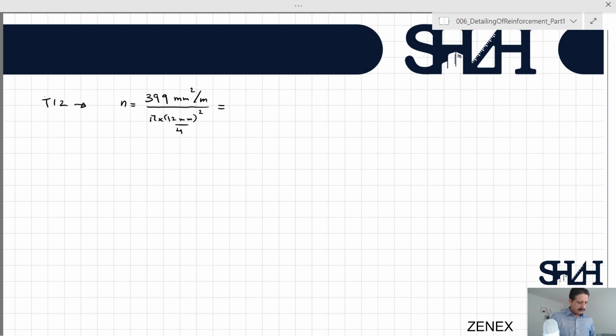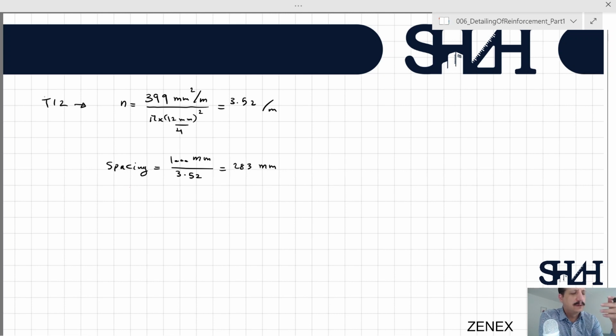So it will be 399 divided by pi 12 square divided by 4, and it's 3.52 per meter. So spacing will be 1000 millimeter divided by 3.52. So it will be 283 millimeter, the spacing of reinforcement.